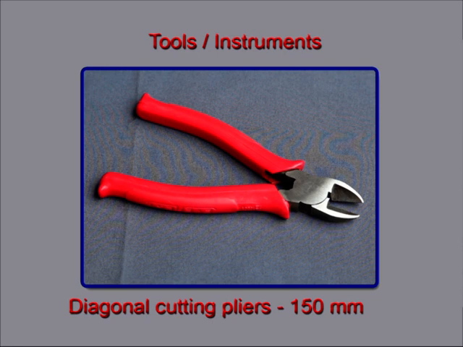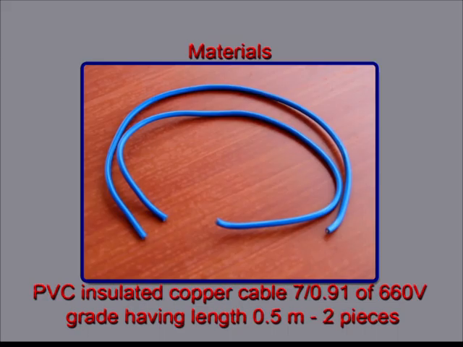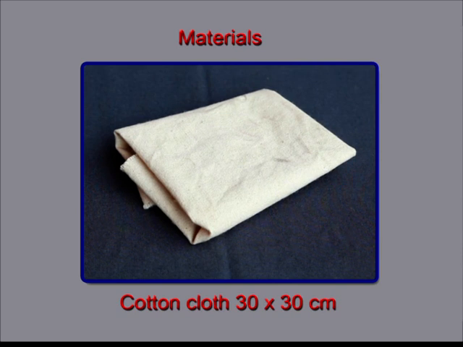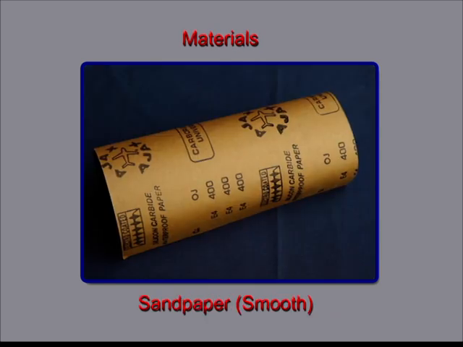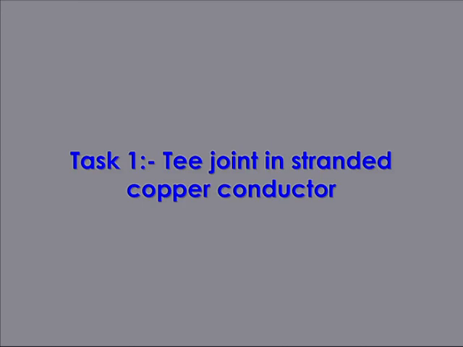Diagonal cutting pliers, 150 mm. Materials: PVC insulated copper cable, 7 by 0.91 of 660 volt grade, having length 0.5 meters, 2 pieces. Cotton cloth. Sandpaper, smooth.